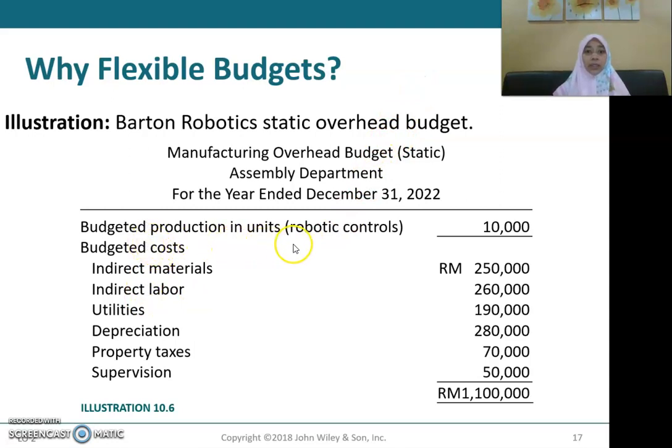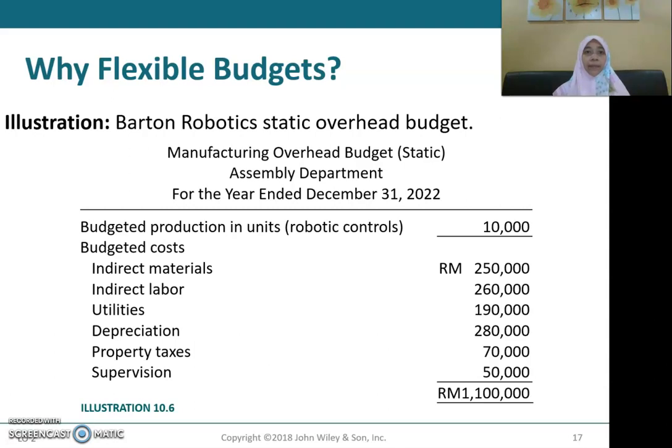The budgeted production is 10,000 units, and these are all the budgeted costs under the overhead budget: indirect materials, indirect labor, utilities, depreciation, taxes and supervision. For the budgeted production of 10,000 units, the budgeted cost is 1.1 million ringgit.